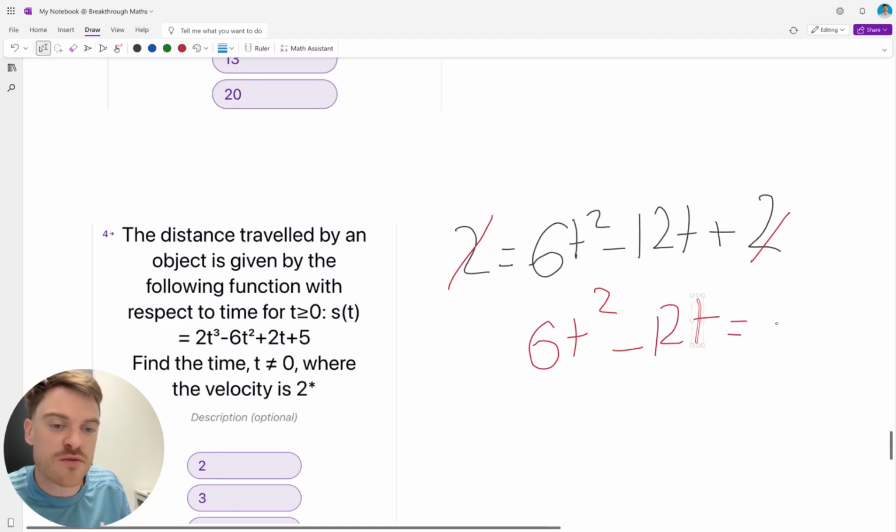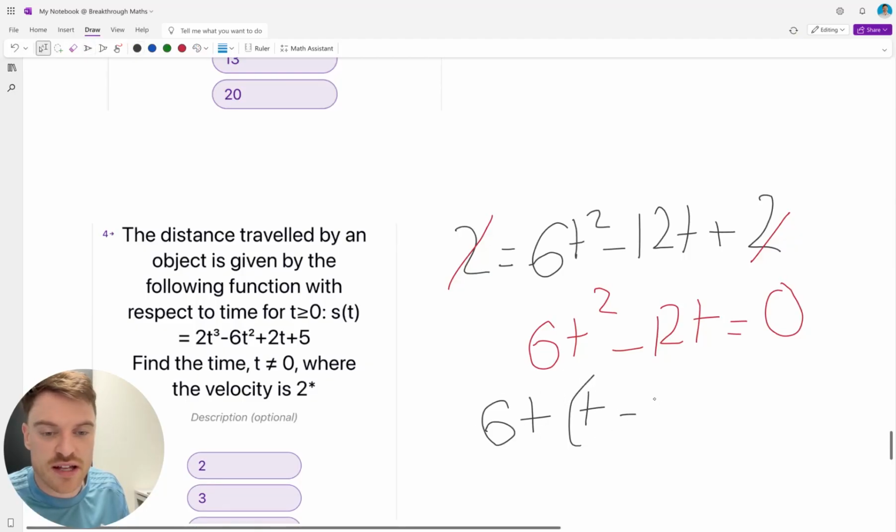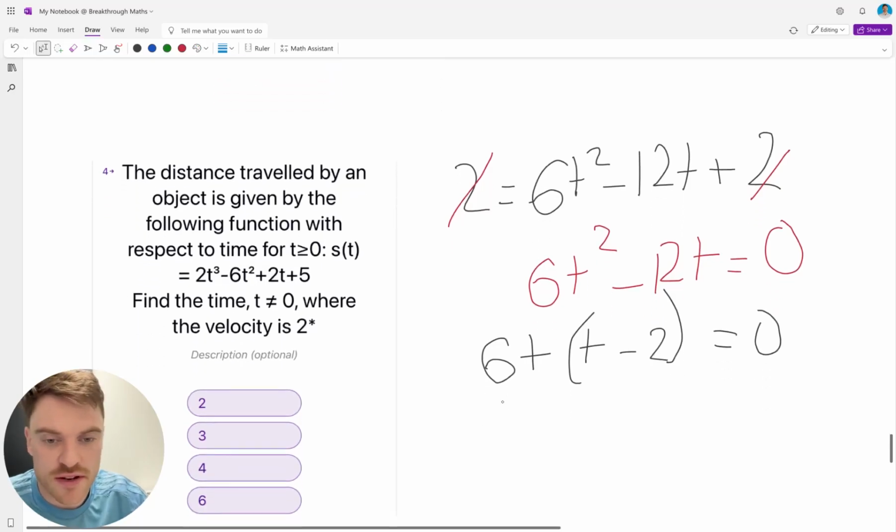This is a bit of a hard one for this level, but you have to factorize that. What's common between the two terms? 6t. And that leaves you with t minus 2 equal to 0.